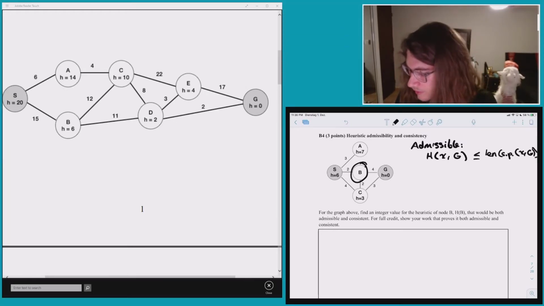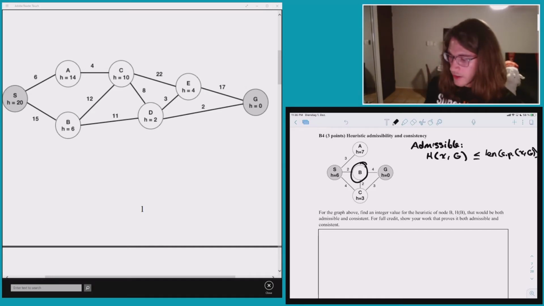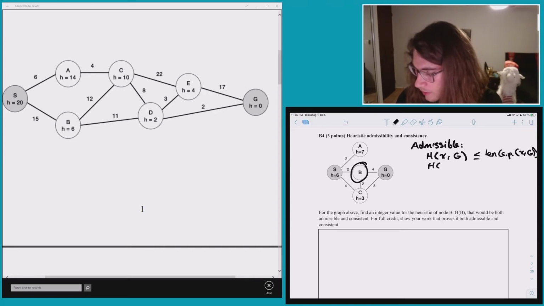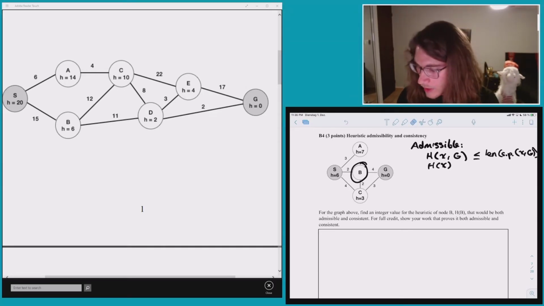Consistent is a little different. Because the goal is implied, sometimes you'll see written heuristic of X, and in this case the goal is implied, but I like to be explicit about it, especially because of the following. Consistent, there should be a general reminder. If you don't remember this, please visit the recitation 1 video.